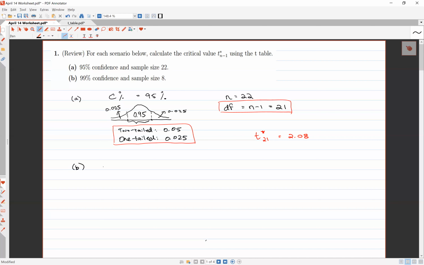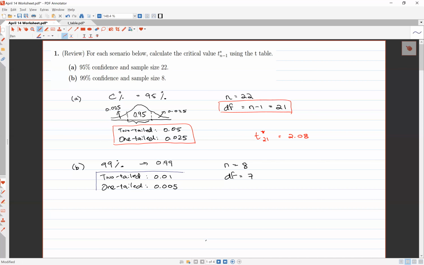Let's do one more. 99% confidence, sample size of 8. So that means our degrees of freedom are 7. And if we have 99% confidence, what's not accounted for jointly between the two tails is 0.01 because this is 0.99, which means the one-tailed value, you just have to halve that, that's 0.005.